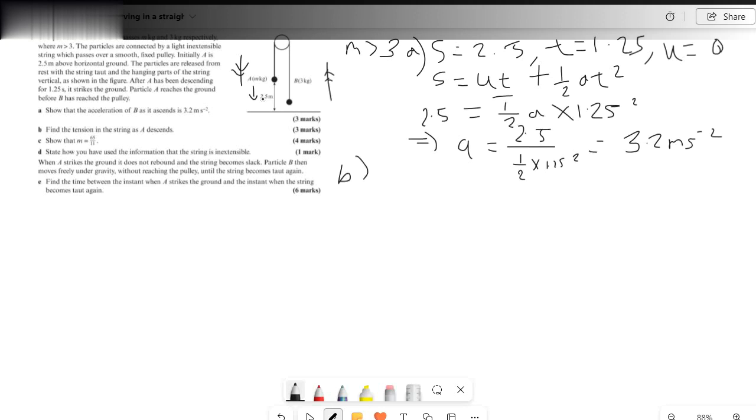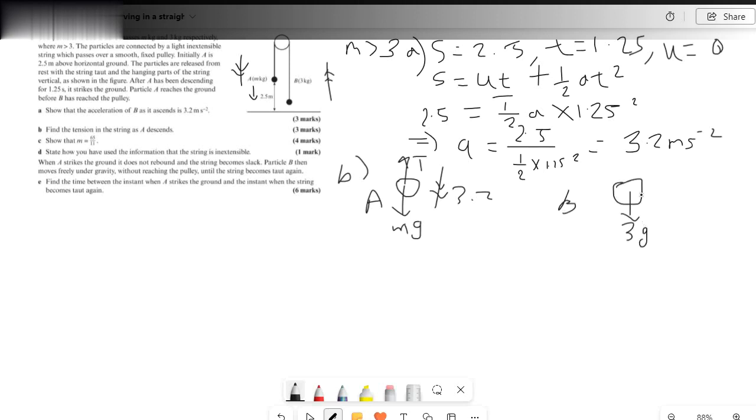For part B, we have to find out the tension in the string as A descends. So considering the particle A, this should be mg, and this should be tension T, and here we have the acceleration, which is downwards, being 3.2. But because we don't know the numerical value of m, we cannot use the system A. Rather, we have to use the system B because we know the mass of B, which is 3 kg.